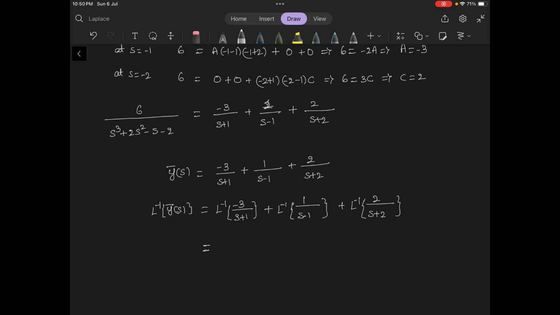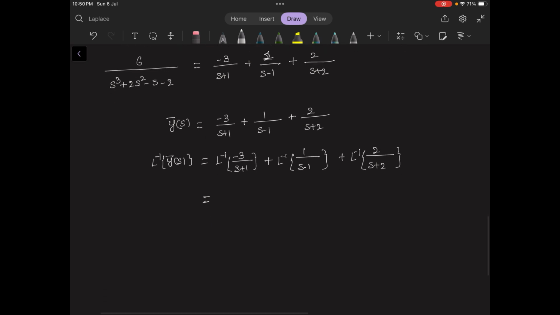As you know the formula for this, you can do it directly. So minus 3 into e power minus t, plus e power t, plus 2 into e power minus 2t. So this is the required solution of the given problem. L inverse of y bar of s can also be written as y of t. So this is the required solution of the given problem.